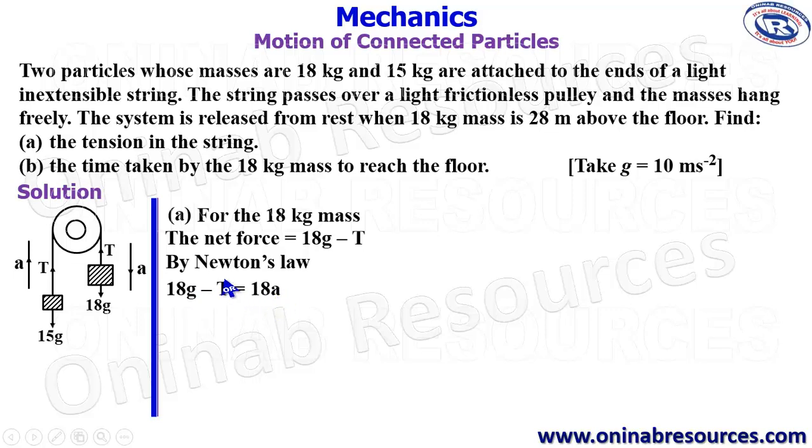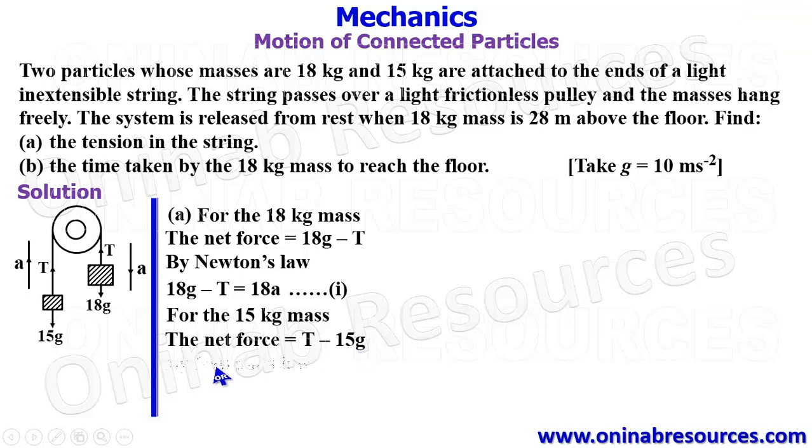We have two unknowns here: the tension and the acceleration. So we name this equation 1. Then we get equation 2 from the second mass. For the 15 kilogram mass, since the mass will be going up, the net force is the tension minus 15g.